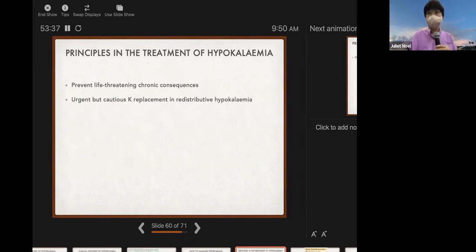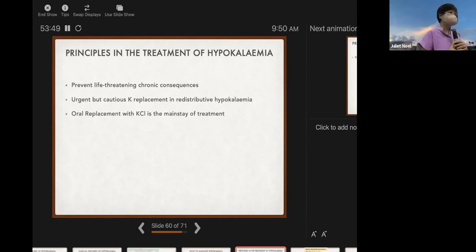You will induce hyperkalemia naman, no? The opposite. So oral replacement in hypokalemia, if the patient can tolerate the gastrointestinal route, we always use the GI, no? So it's oral replacement rather than IV. We only give IV in life-threatening cases.